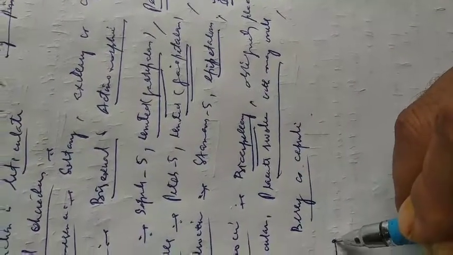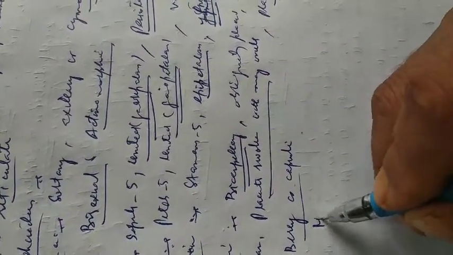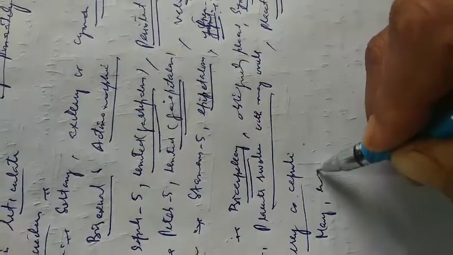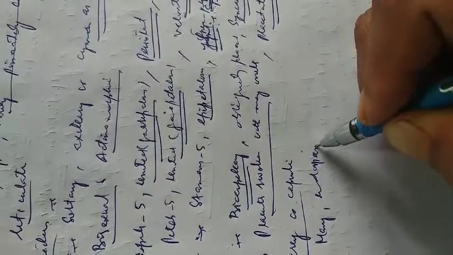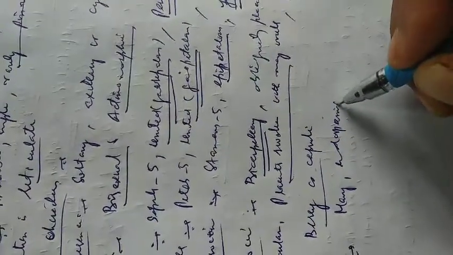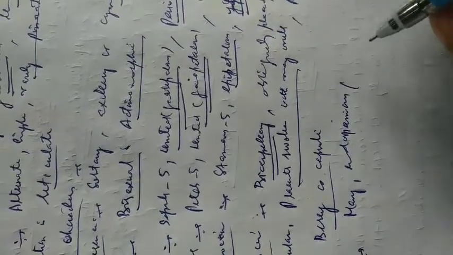Seeds are many, and these are endospermic or endospermous, also called albuminous, that is, these seeds contain endosperm. Solanaceae is characterized by endospermous seeds.